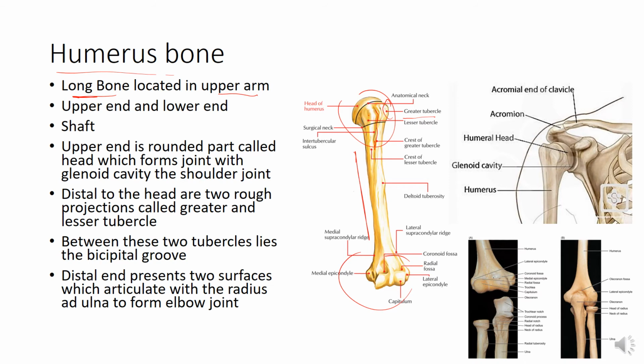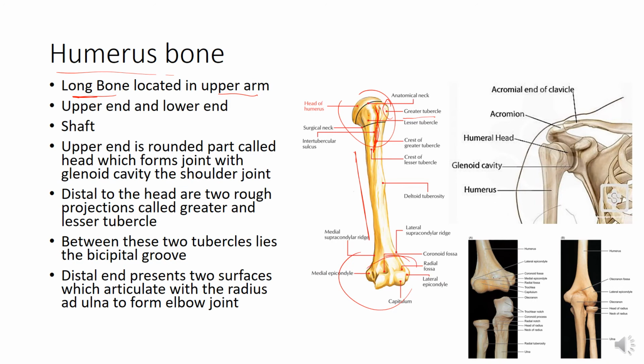Here you can see the bicipital groove or the intertuberculous sulcus between the two tubercles. Now the distal end presents two surfaces which articulate with the radius and ulna to form the elbow joint.